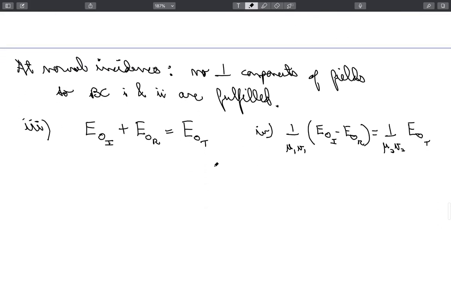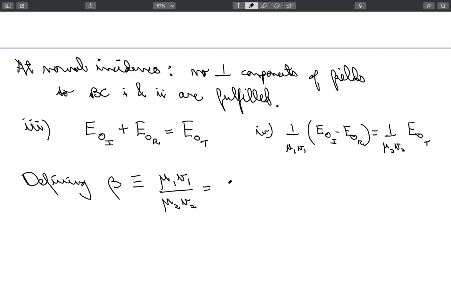Now this is quite straightforward to solve. So what we do is we define a handy little factor, beta, as the ratio of mu times v on both sides. And remembering that the velocity in a medium is the speed of light divided by the refraction index in that medium, we can just rewrite this as mu1 over mu2 times n2 over n1.